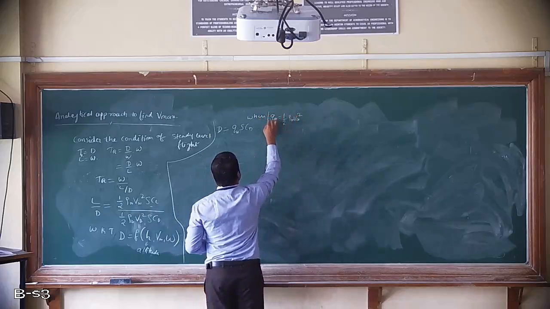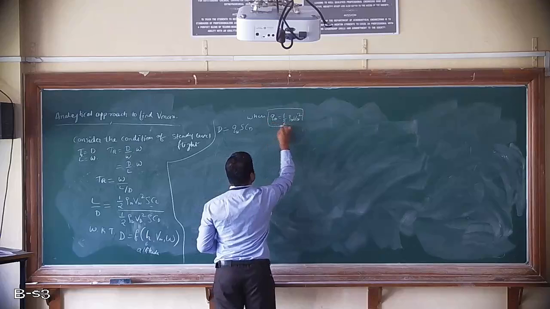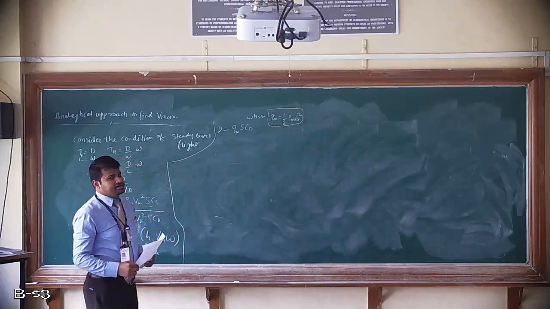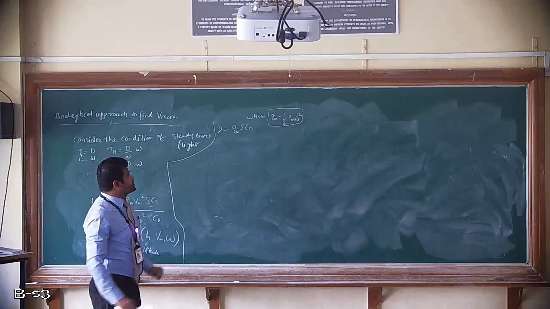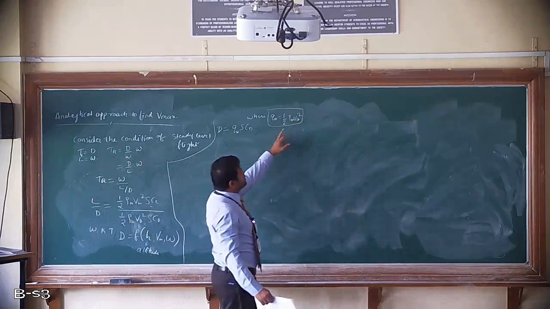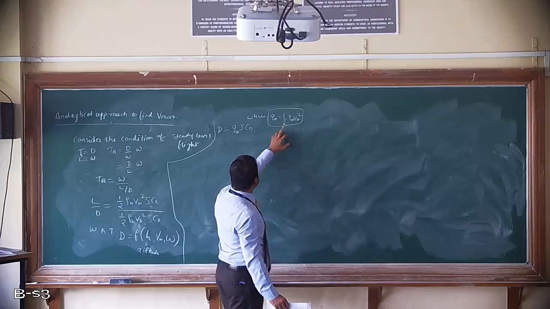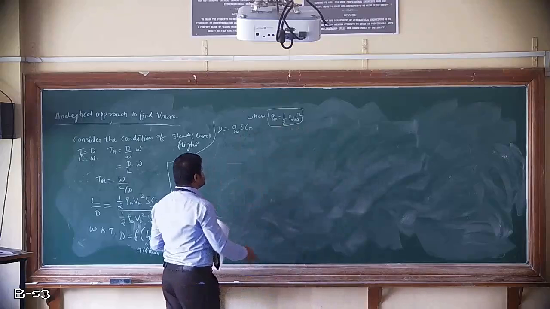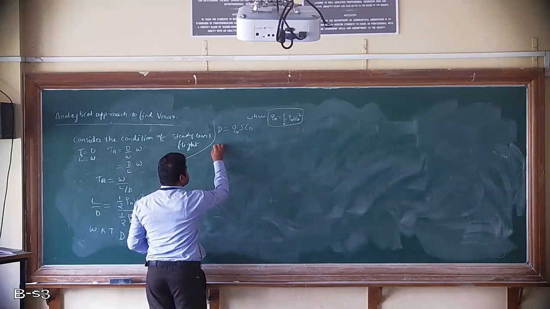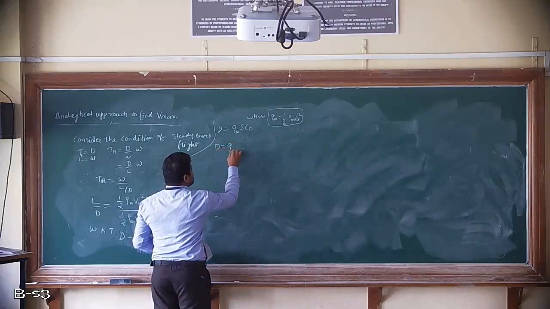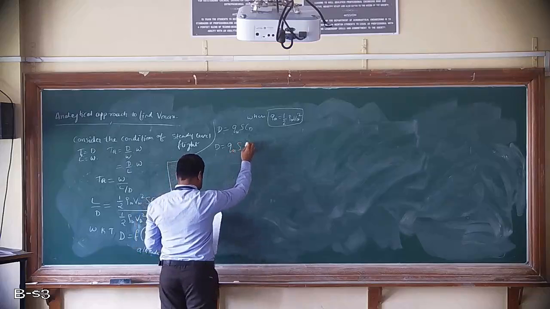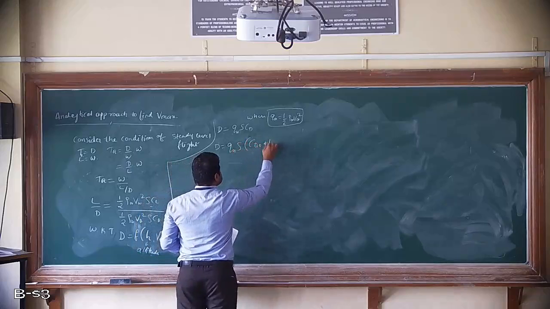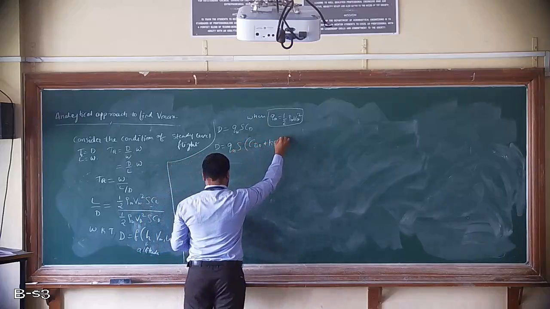This expression we already know; we have studied this. Please go back to your previous notes. I have just substituted this here and the rest of the things remain the same. So this can be written again as D equals Q infinity S CD, and CD can be written as CD naught plus K CL square.